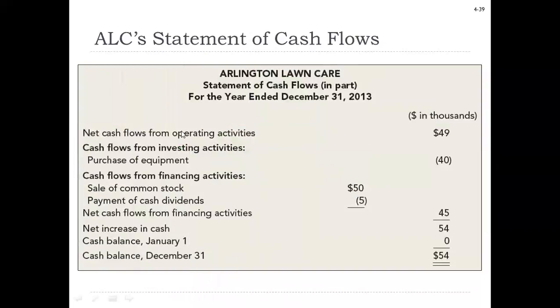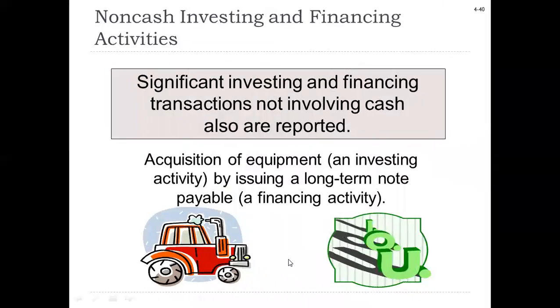Here you can see the three sections: operating activities, investing activities, and financing activities. Again, we'll get into the details in a subsequent chapter, so don't worry about this for now.